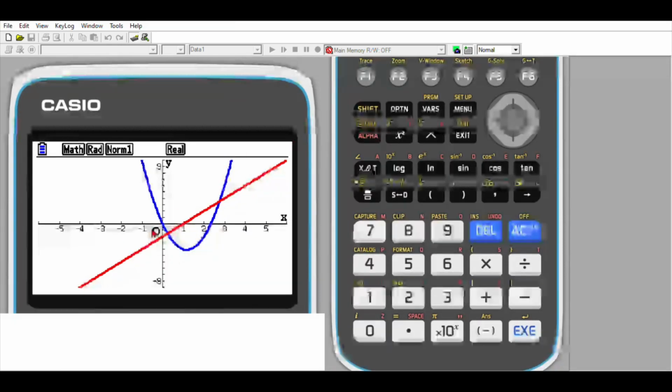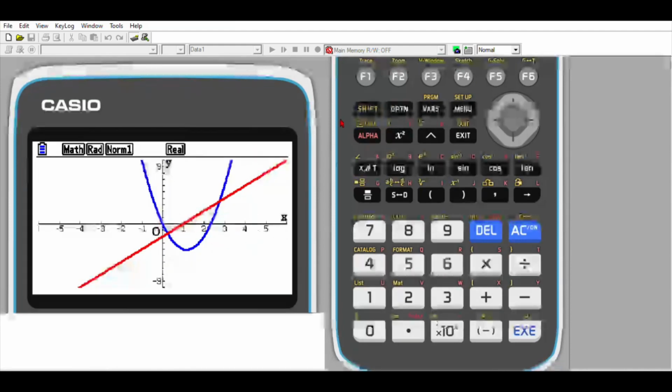So where do you guess that is occurring? If you take a look at here, from this intersection point to this intersection point, the red line is above the blue line. So for that interval of values, from this intersection point to this intersection point, the linear graph is above, or is greater than, the quadratic function.